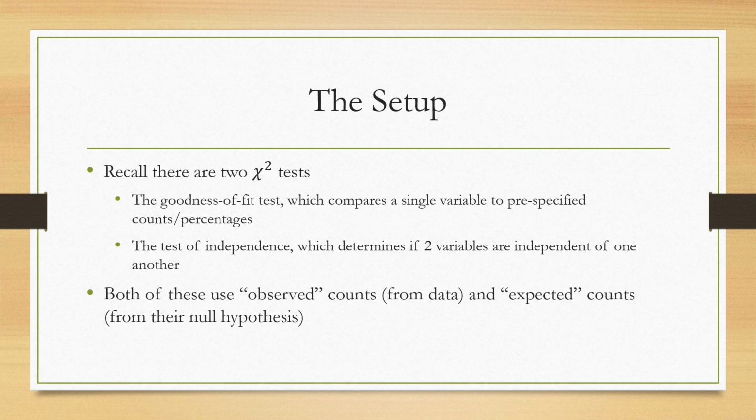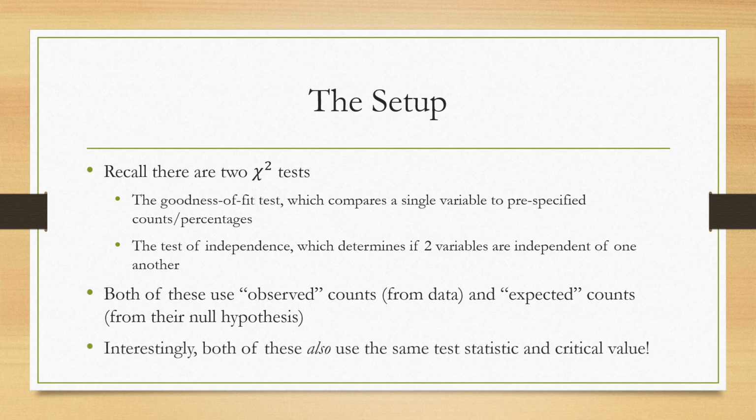When you hear me say observed, think about the counts that we had in the data when we made our contingency table. And when you hear me say expected, think the counts from the null hypotheses, either based on the counts or percentages in the goodness of fit, or based on the assumption of independence, where we calculate what the expected counts would be if they actually were completely independent in the test of independence.